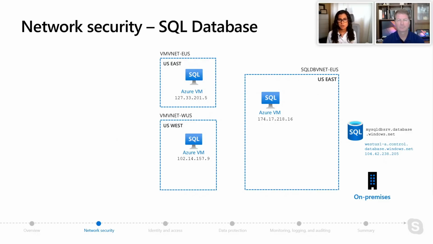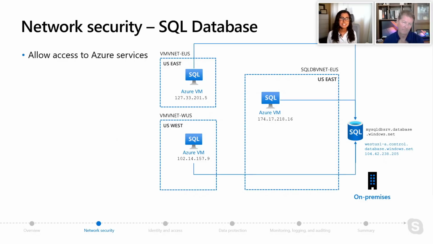Now, the first option, we're going to go from what we might call least secure to the most secure. That first option is allow access to Azure services. Now, what you're seeing here is, if we take a look at what's on the page first, let me grab my pointer. We have some virtual machines which might be trying to access an Azure SQL database or an Azure SQL database logical server.